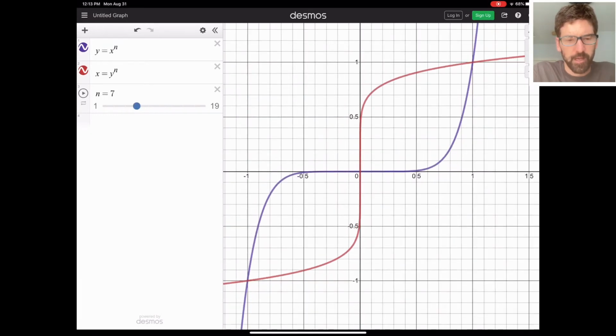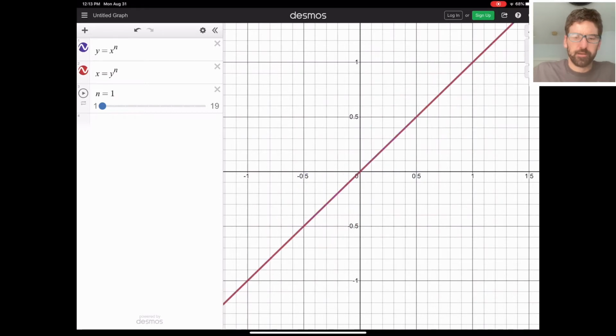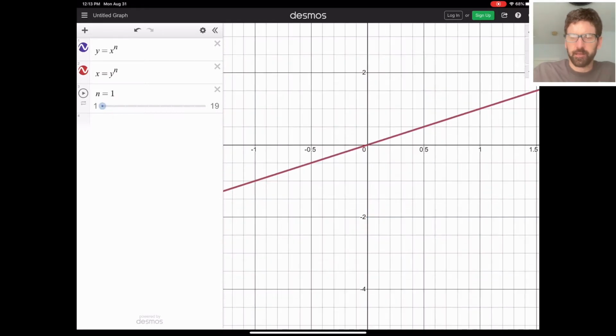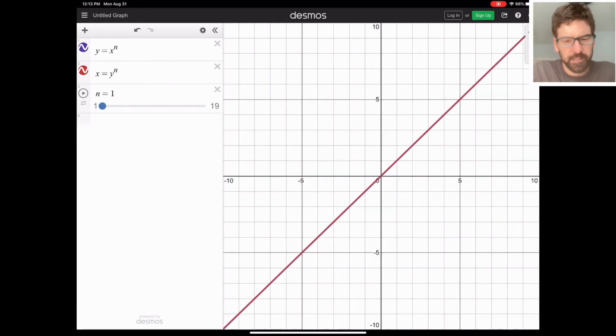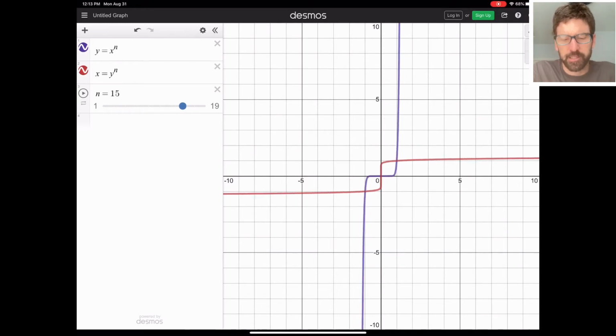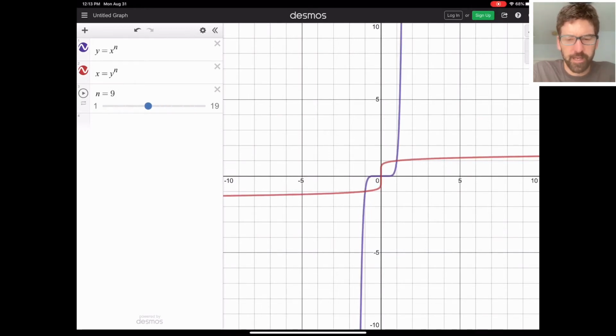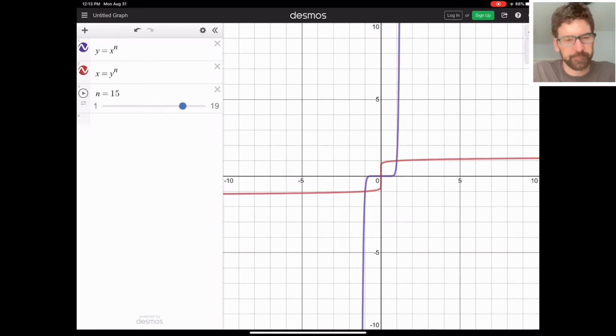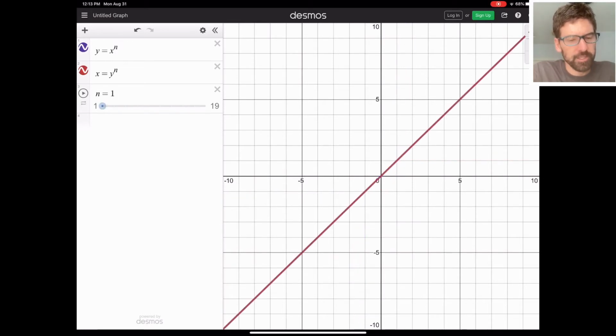Since our purple function always passes the horizontal line test, it means our red inverse is always a function. The red inverse will always pass the vertical line test, making it a function. Okay, let's change our slider.